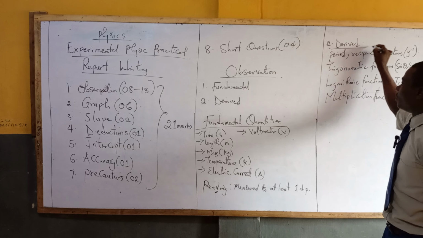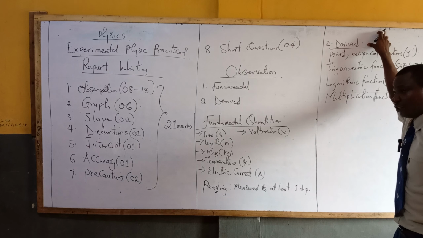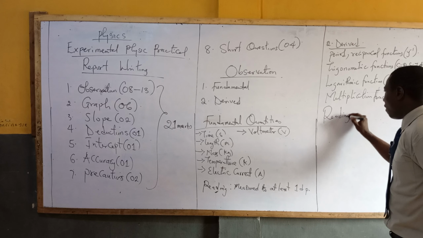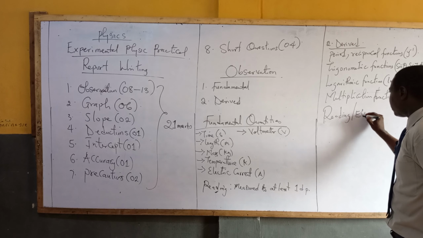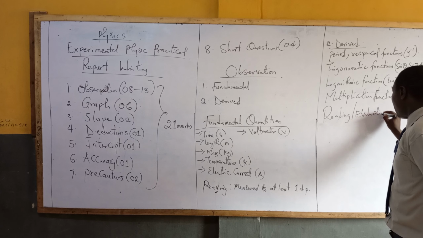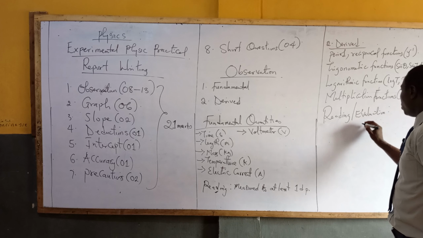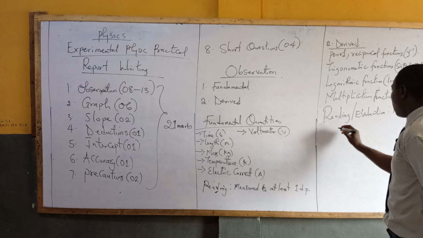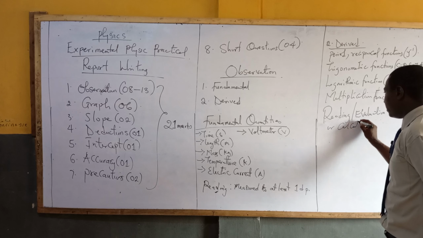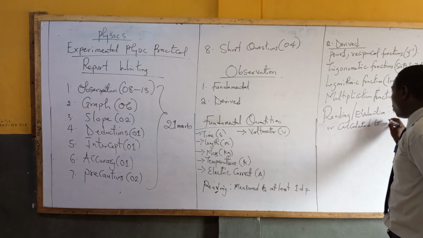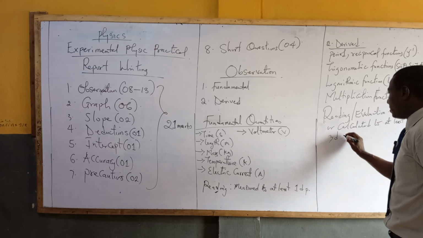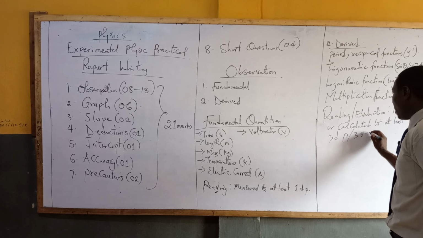Now under your derived observation, WAEC expects that your reading or your evaluation should be measured or calculated to at least three decimal places or three significant figures.